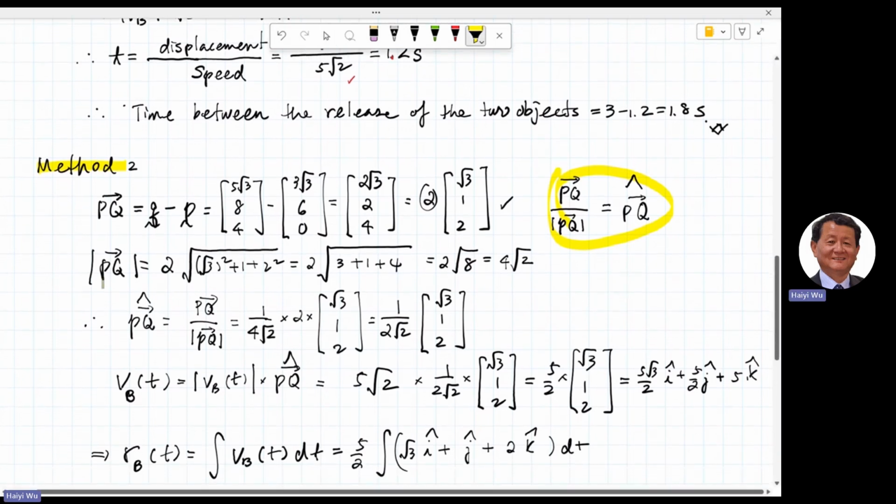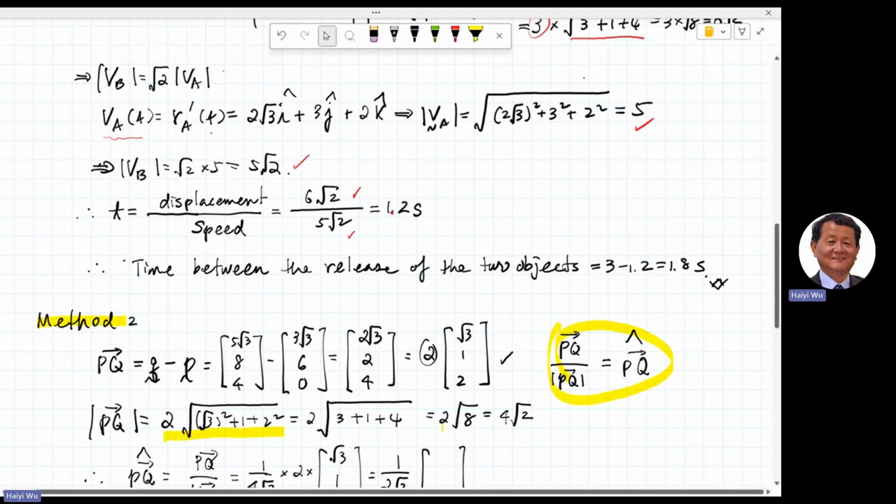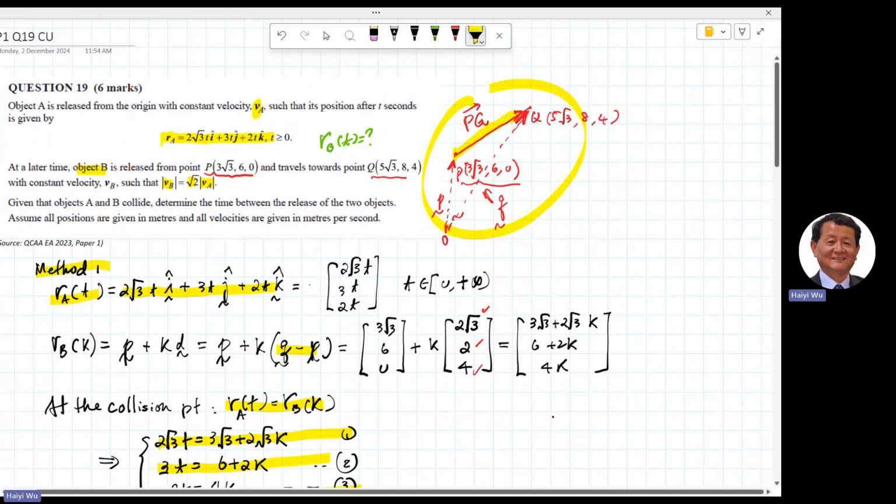So we work out the magnitude, which is square root 2 times square root of 8, so it's 4 square root 2. Then the unit vector of PQ is the direction. We need the direction of PQ, which is very important.